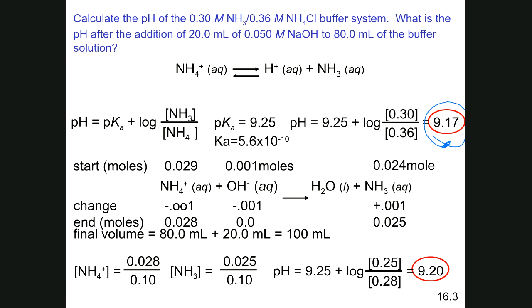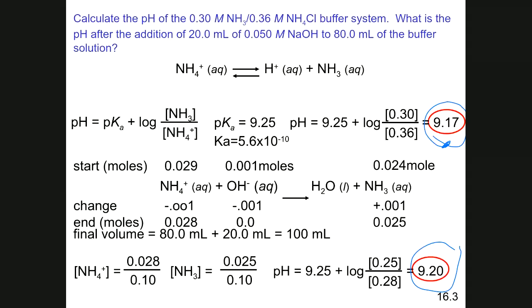After adding 20 milliliters of strong base, sodium hydroxide, the pH changed only by 0.03 unit. So this change in pH is very unusual.